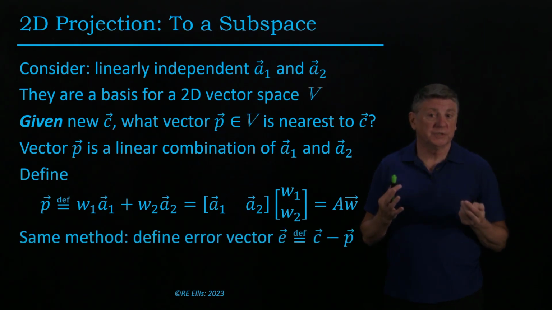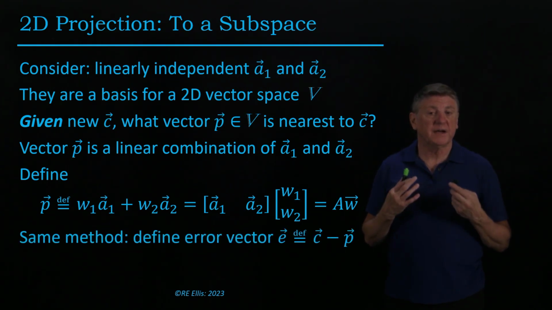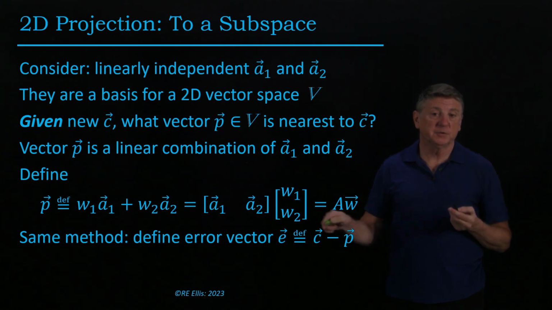So we'll use the same method as before. We'll define an error vector, which is the difference between our given vector and our projection vector.